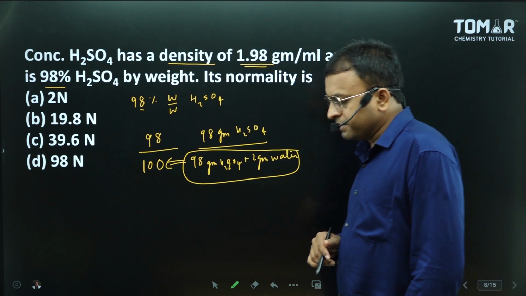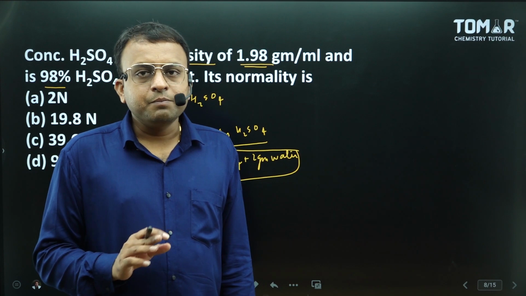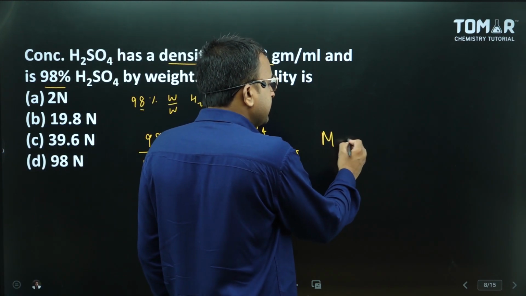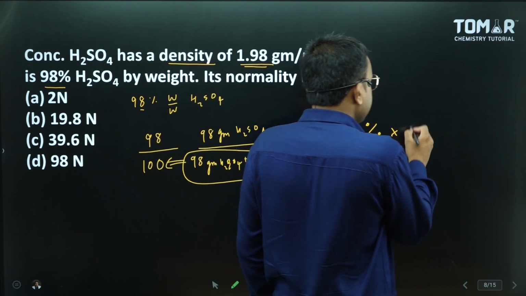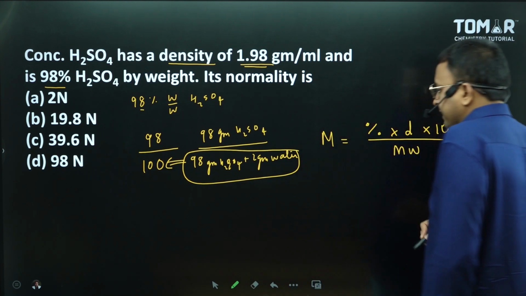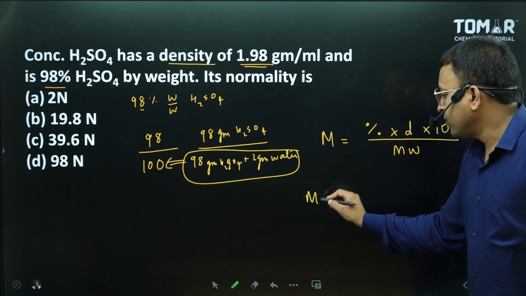When this type of question comes, when percentage and density is given, we have to learn a simple formula of molarity. When percentage and density is given, molarity is percentage into density into 10 divided by molecular weight. Now put the values in this formula.